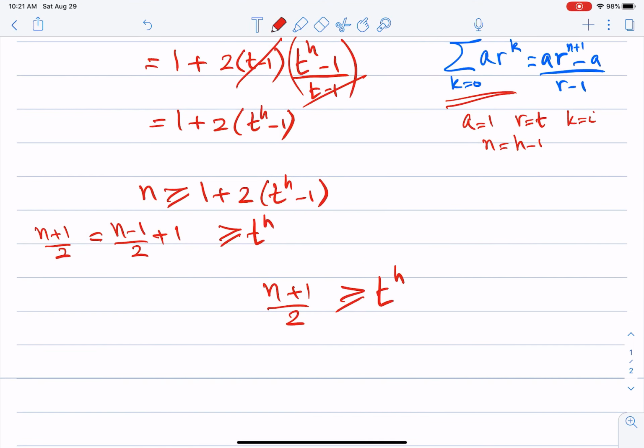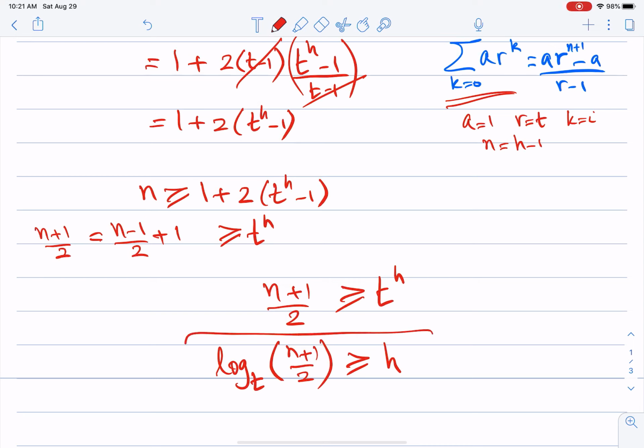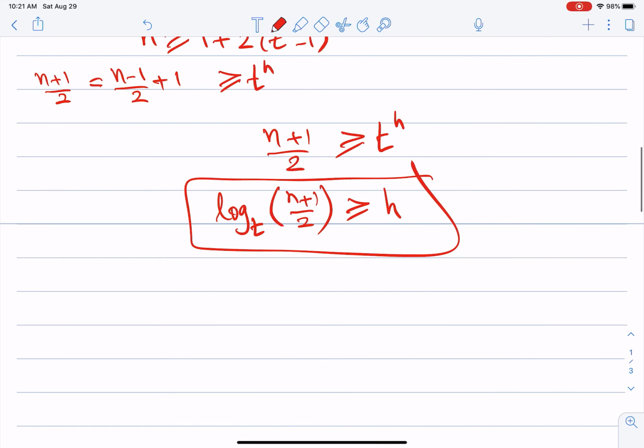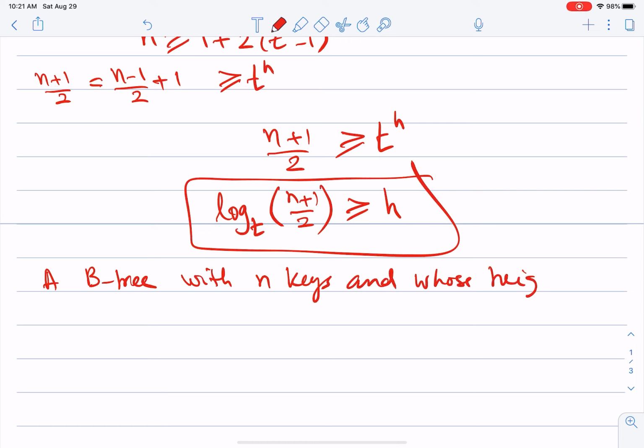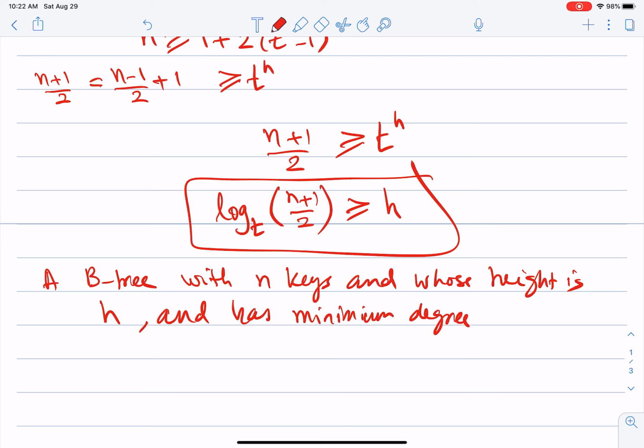If I take log base t of both of them, what we get is this. And this is the important result we want to get. What does this say? That a B tree with n keys and whose height is h and has minimum degree t.